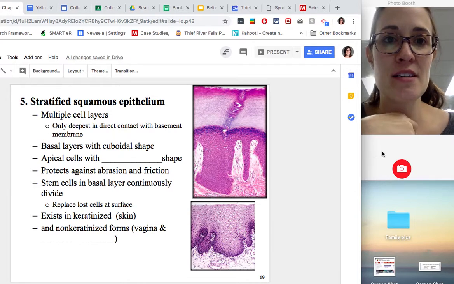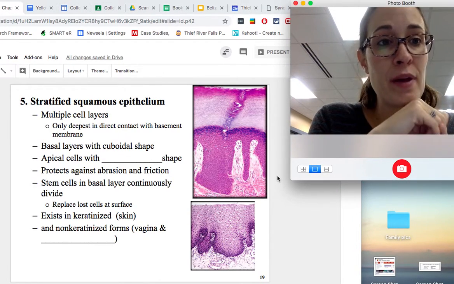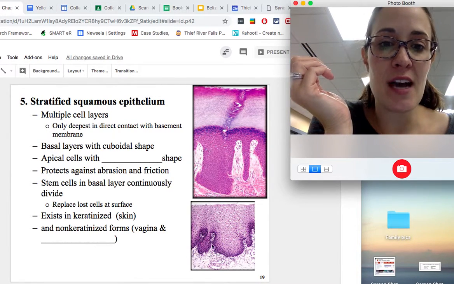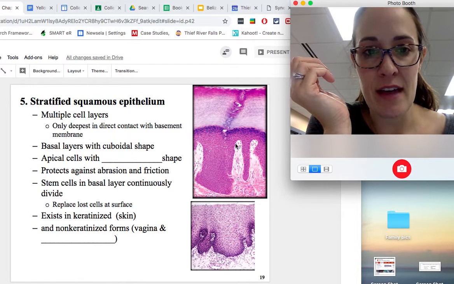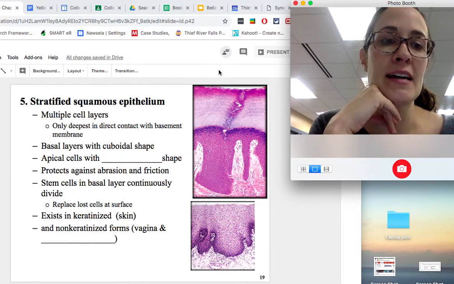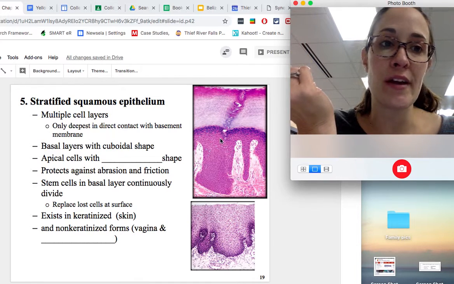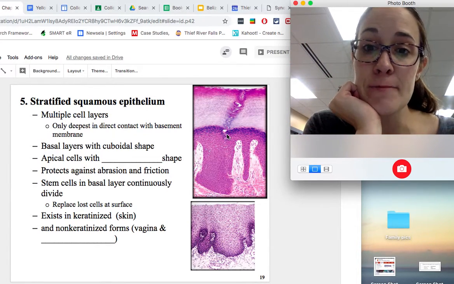The next type is stratified squamous, with two pictures because there are essentially two different types, but both have this wavy line in common. That's the basement membrane, and the dark purple-pink above that line is the stratified squamous. It's called stratified for multiple layers of cells, and squamous is named for the top layer of cells.